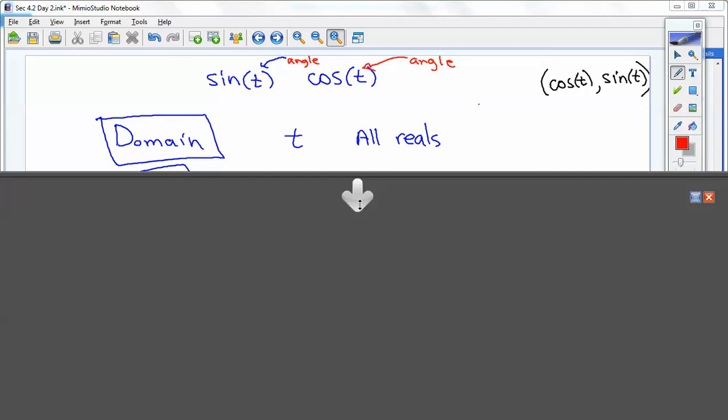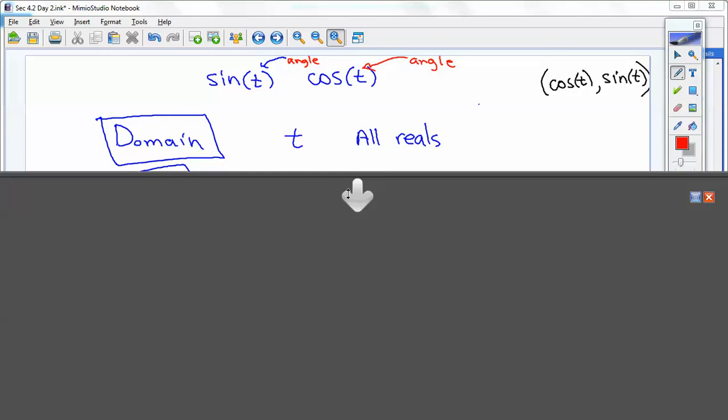It's y divided by x, okay? So whenever cosine has a 0 output, tangent is going to be undefined. So tangent's a different story, but we're not going to mess with that right now. For sine and cosine, the domain is all reals. We can put anything into them, okay, and get out an answer.